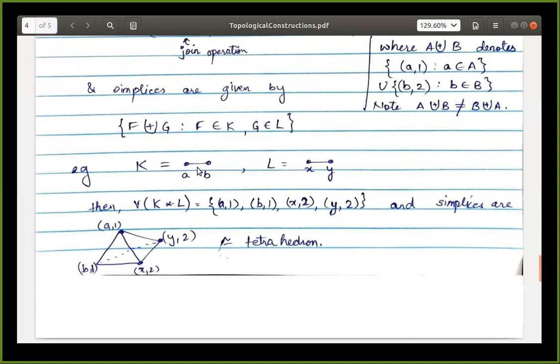Since K has only one maximal simplex, and L also has only one maximal simplex, the maximal simplex of K star L is going to be given by (A,1), (B,1), (X,2), (Y,2), which forms a tetrahedron. So this is the simplicial complex obtained by taking the join of these two simplicial complexes. Clearly this has a copy of K and a copy of L.